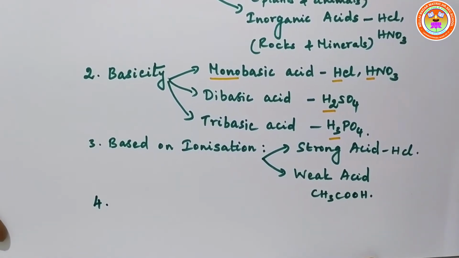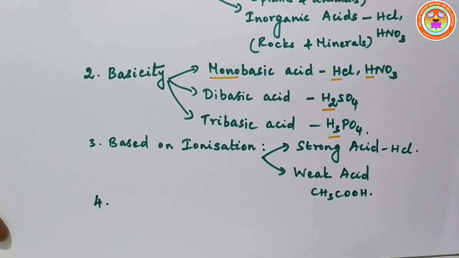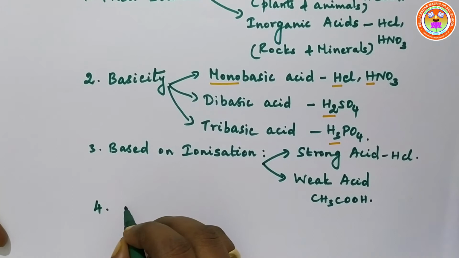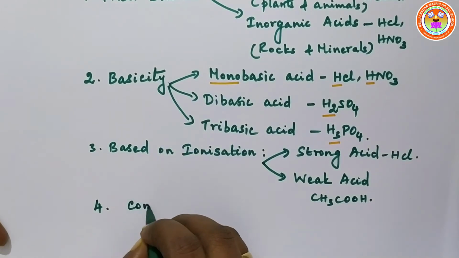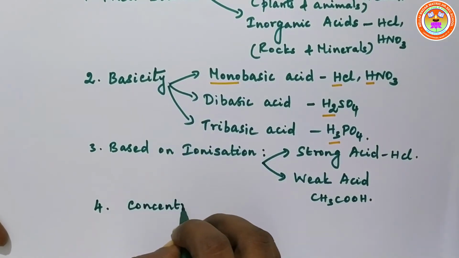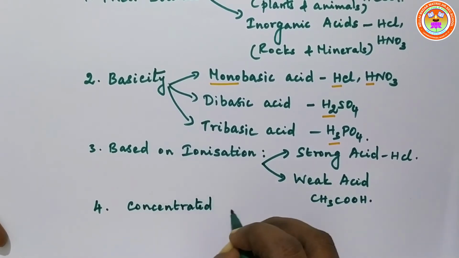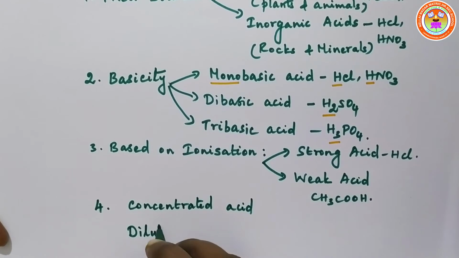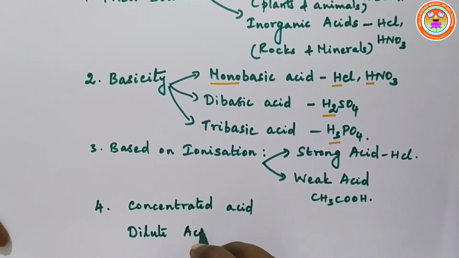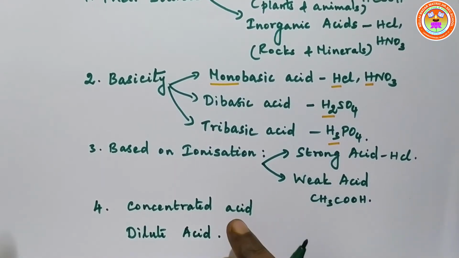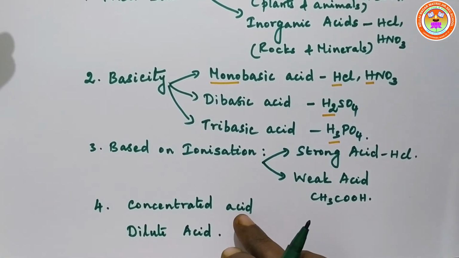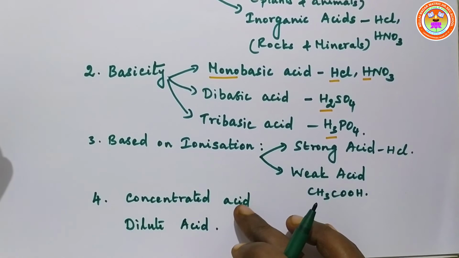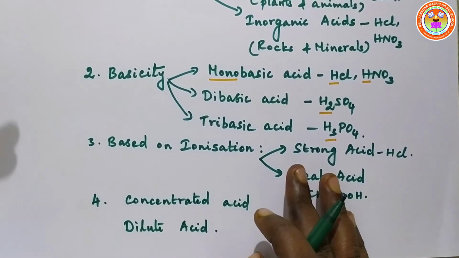Then the next classification depends upon the amount of acid present in a solvent. We have 2 classifications: concentrated acid and dilute acid. In a concentrated acid, the relative amount of acid present in the solvent is larger.